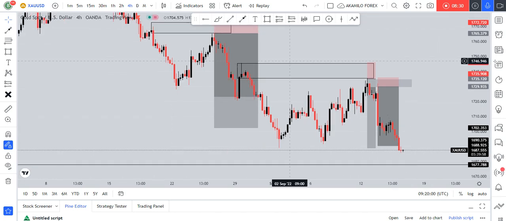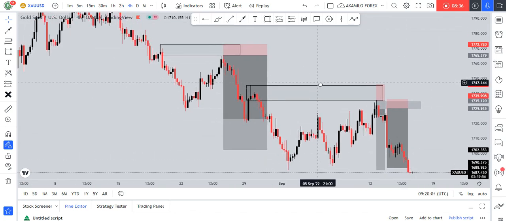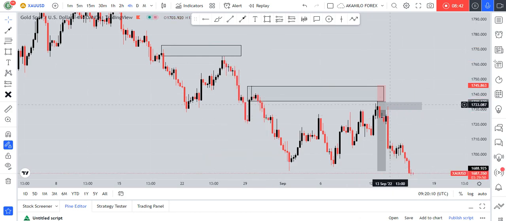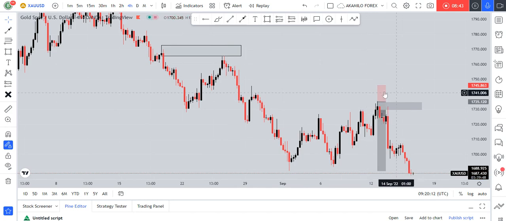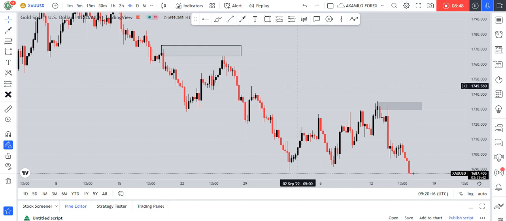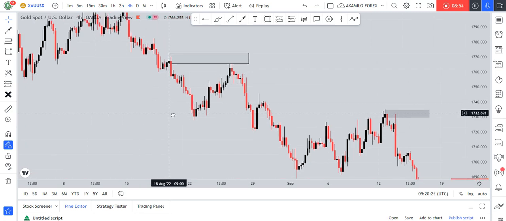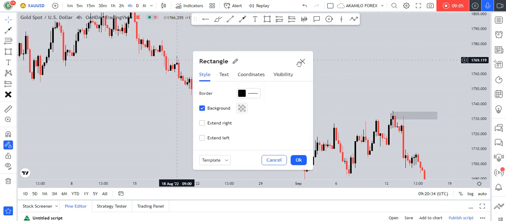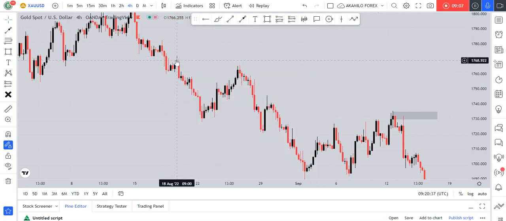You can see here where we took our entrance. Let me take off the positions. First of all, we can see this candle market was in a bearish move. In this candle, this was our last bullish candle before this downward move.